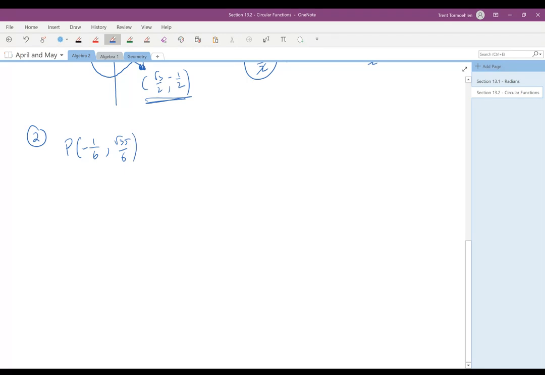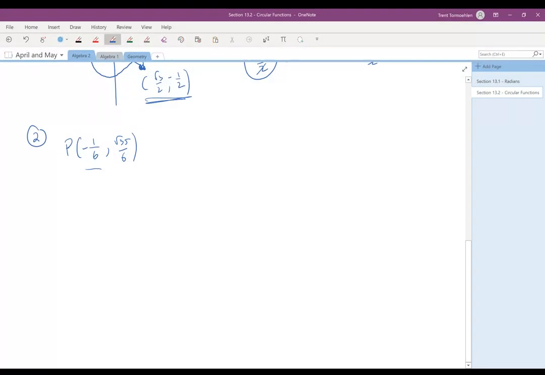This turns out to be on the unit circle because when you square 1/6, you get 1 over 36. When you square root 35 over 6, you get 35 over 36. Those add together to give you 36 over 36, which is 1. And so x squared plus y squared does equal 1 in that case.